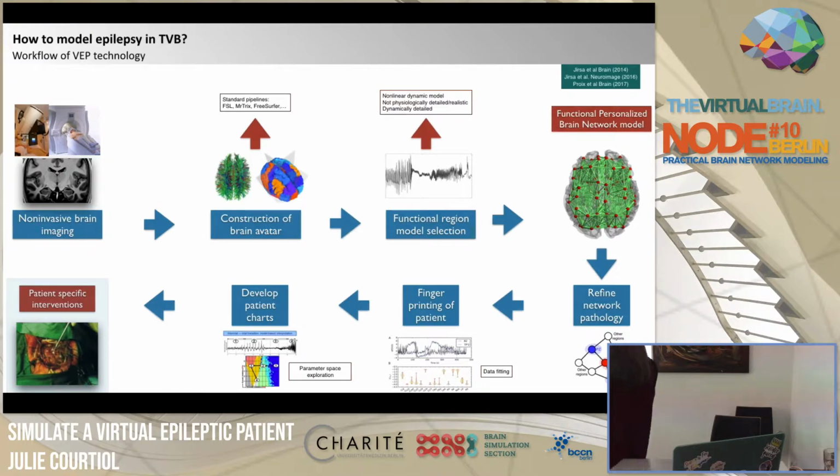With the clinical hypothesis, for example in the case of epilepsy, which regions are the epileptogenic zone or the propagation zone, we can refine the network in this brain model. And with the simulations and the empirical data, we can fit our model and give some indications to the clinicians for a better prediction or better identification of the network.